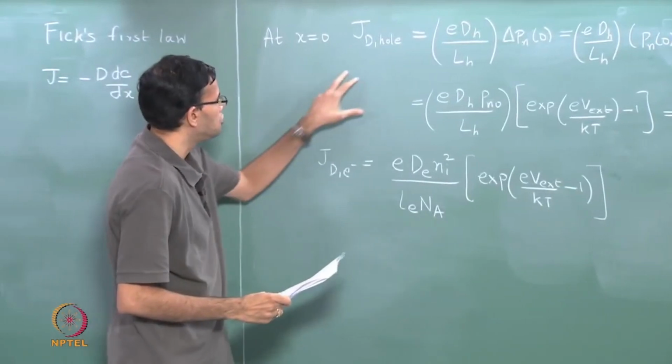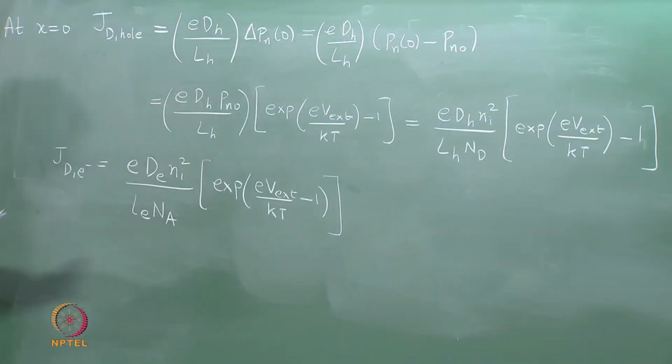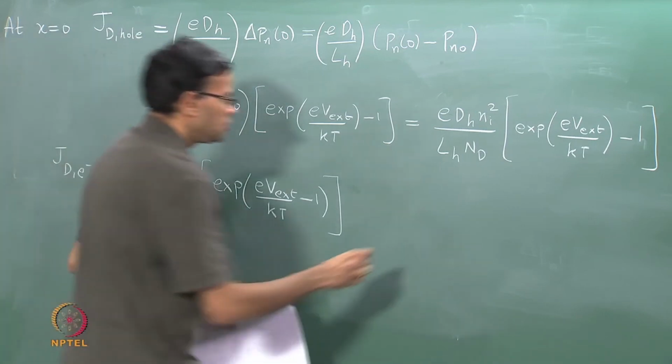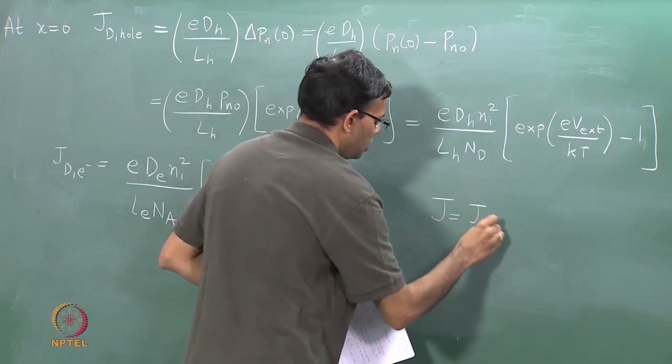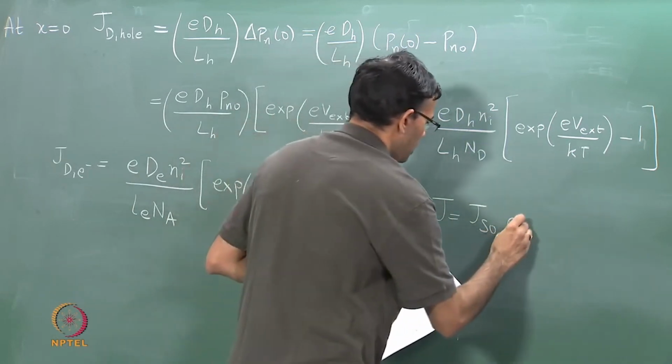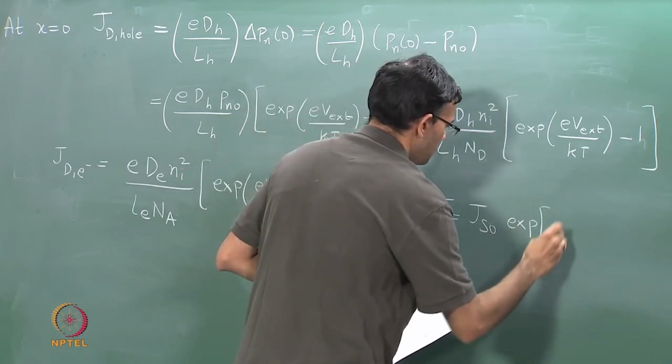So if we take these two and add them, we get an expression for the total current. So total current J is a constant Js naught times exponential.